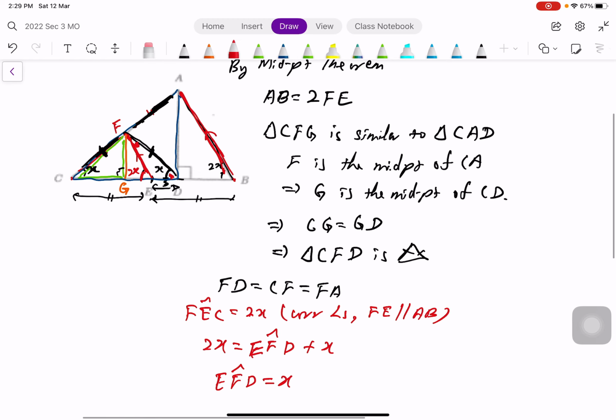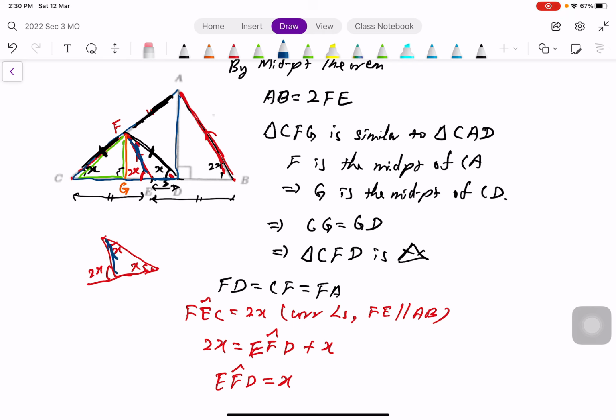That means when you draw this triangle, let me just draw it properly. This angle is x, and then the exterior angle here is 2x. This is also x. Therefore, can you see that now this length and this length are equal.